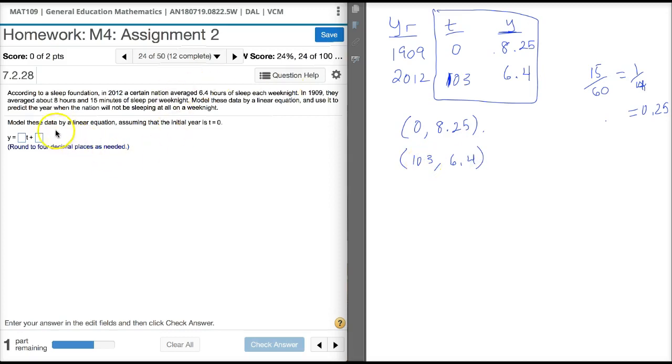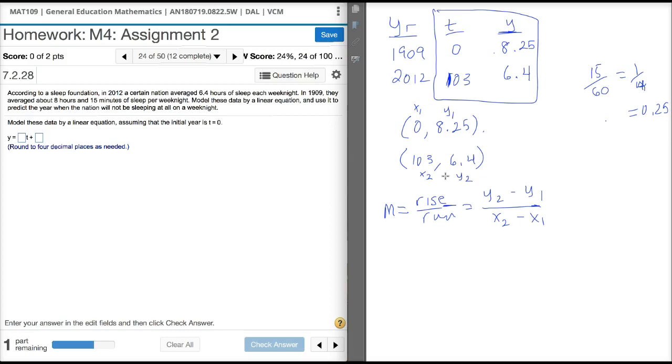What we're asked to do is find the equation of the line, and to do that we need to find the slope and the y-intercept. To find the slope, remember that slope is rise over run, which translates to change in y values over change in x values. We can use one point as x1, y1 and the other as x2, y2.